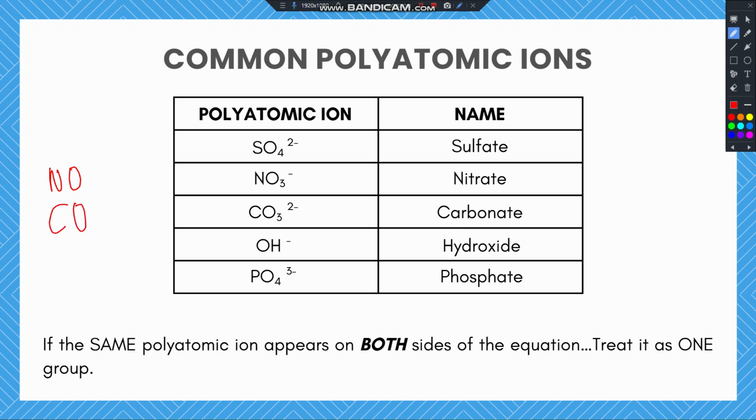The fourth one is oxygen and hydrogen. That's the hydroxide ion. And the last one, not limited to all these, but these are just a few examples, is the phosphate ion. Now, these can take part in chemical reactions, and if they appear on both sides of the equation, treat them as one group.